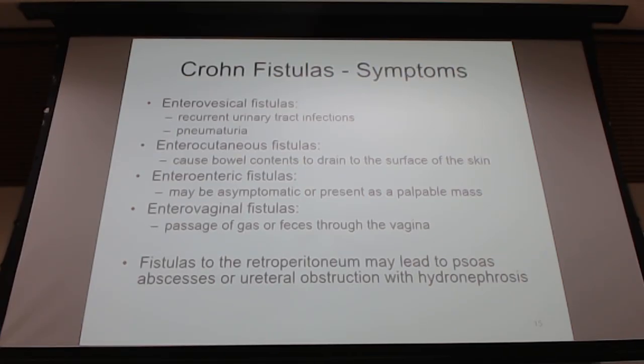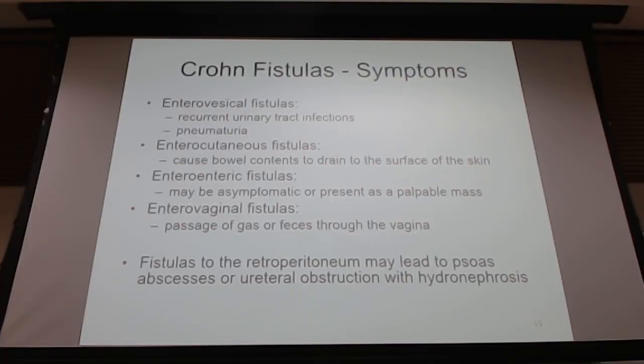And you have your enterocutaneous fistulas, draining to the surface of the skin, usually in the abdomen. And then you have your enteroenteric and your enterovaginal fistulas. That can be gas or feces through the vagina. Obviously, that can cause some very significant complications.